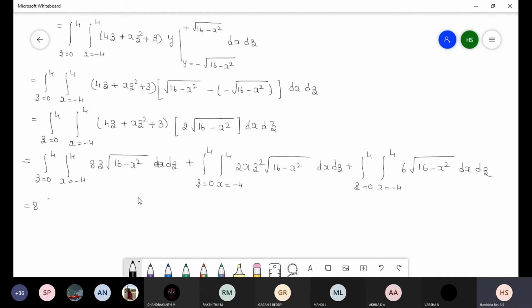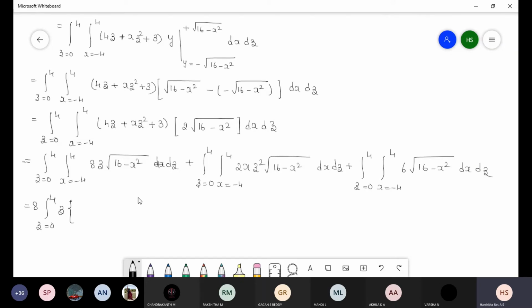Here, the first term with respect to x we are doing, so I write z this side. So I will apply the formula. It is in the form root of a square minus x square.